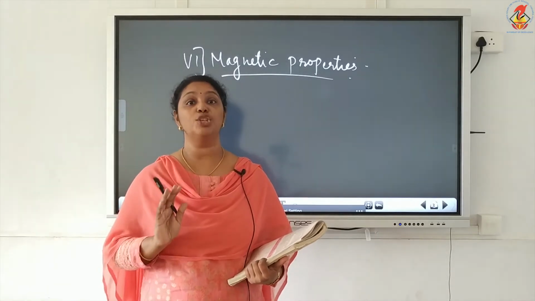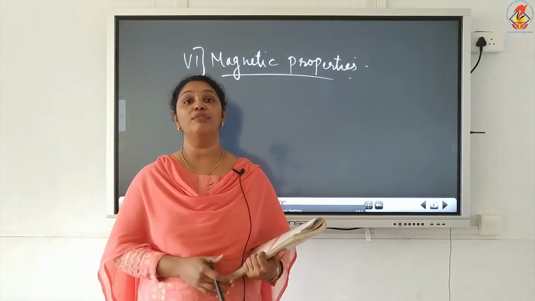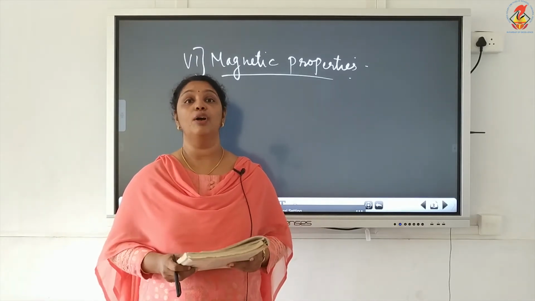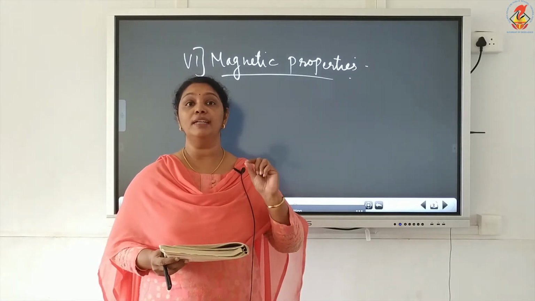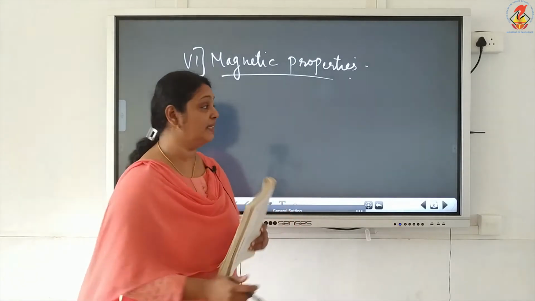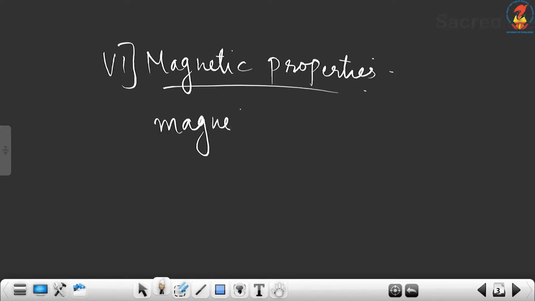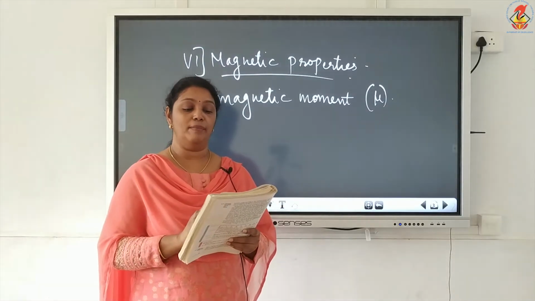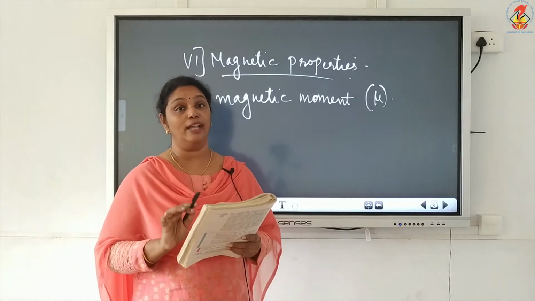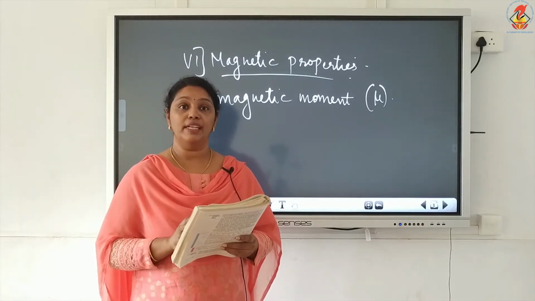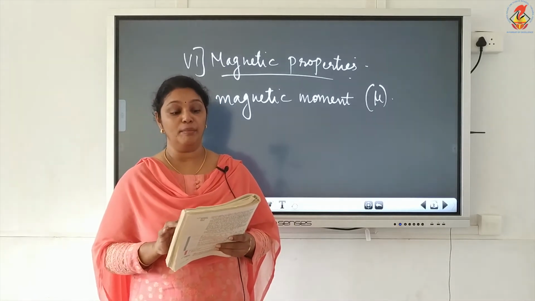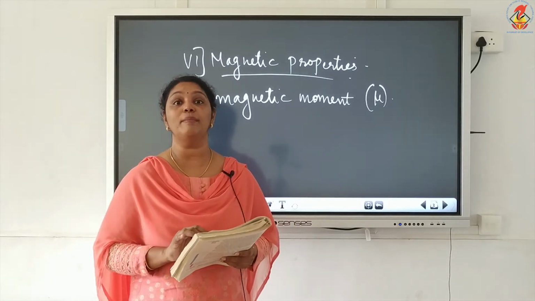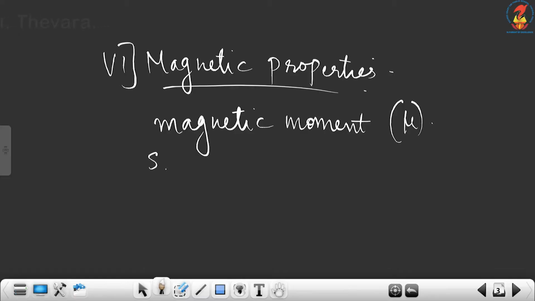Now, this unpaired electron in the d orbital is associated with a magnetic moment, denoted by mu, and the electron is associated with its spin angular momentum. So, the magnetic moment is determined by the number of unpaired electrons, and we can calculate it using the spin-only formula.